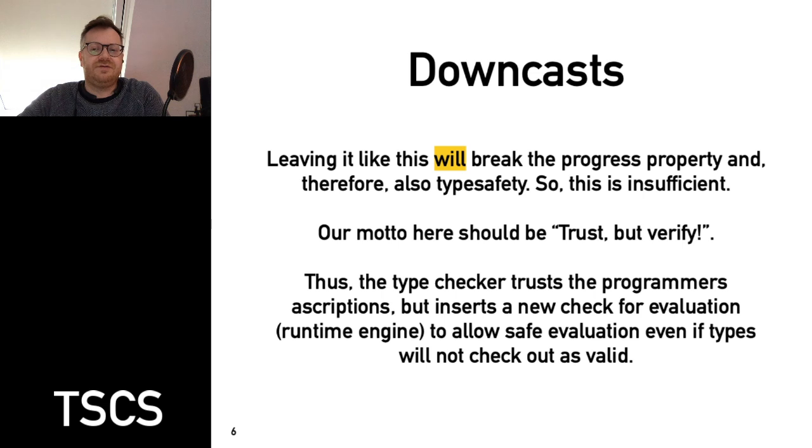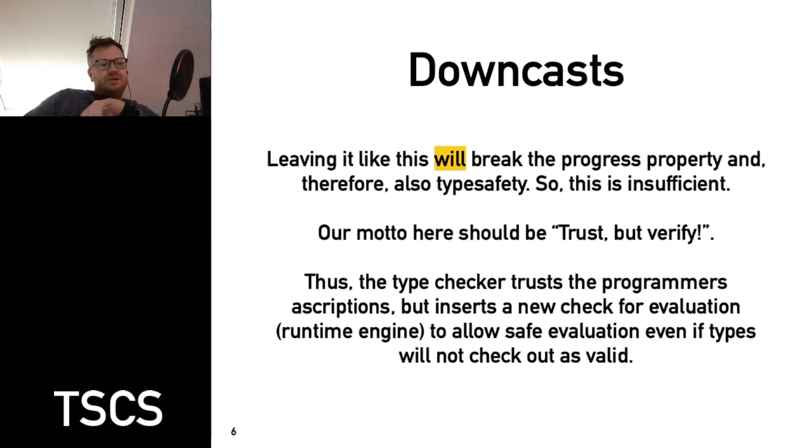So this is insufficient. So the idea here is to design this following the principle of trust but verify. Thus, the type checker trusts the programmer's ascriptions, but inserts new checks for the evaluation, for the runtime engine, to allow safe evaluation if types do not check out as valid.